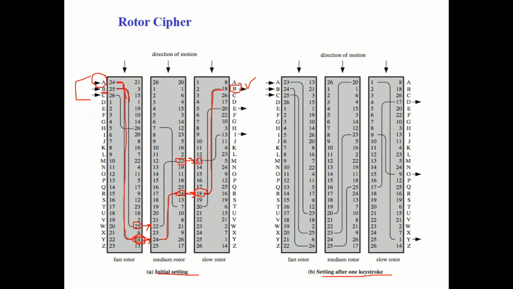So here you have 13, so its corresponding output is this one, and we get this encrypted text for B, right? So this is how we will do for C as well. So for C we get E. So for A, B, C we get this message. The encrypted message is B, I and E, right? So this will be the encrypted message.